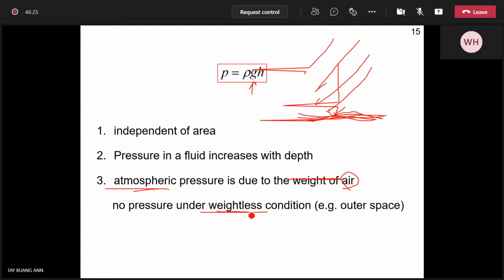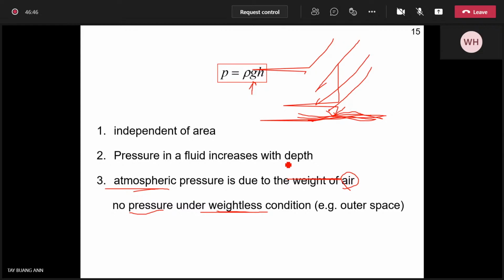So the things inside will not cause any pressure because it is weightless. g is 0. Okay? Therefore, in a space shuttle, you need to pump air inside the cabin.